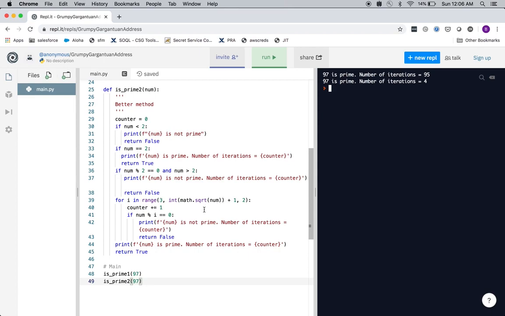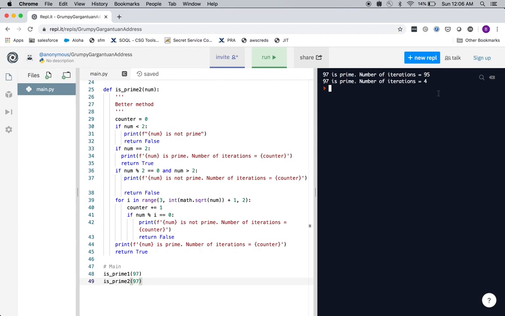And then we are again eliminating all the even numbers, because all the even numbers are divisible by 2, and we take care of that in one of the initial if statements, and there's no point checking the even numbers again. And you can see that the number of iterations has drastically reduced.